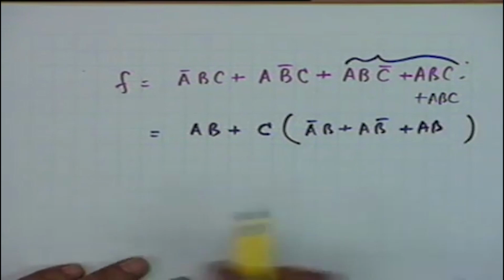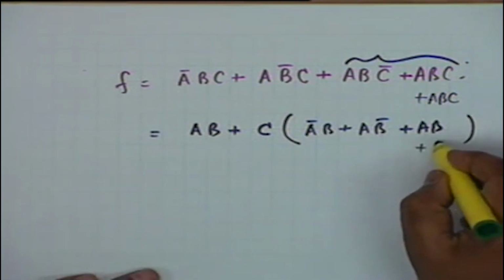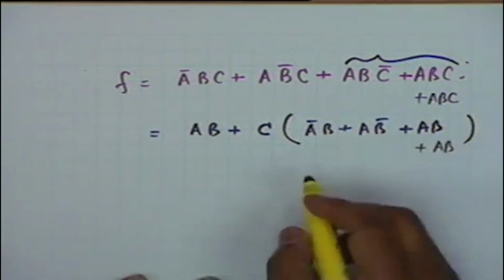All right. And to be able to simplify this now, we add one more AB. This requires a little bit of experience. We add one more AB.